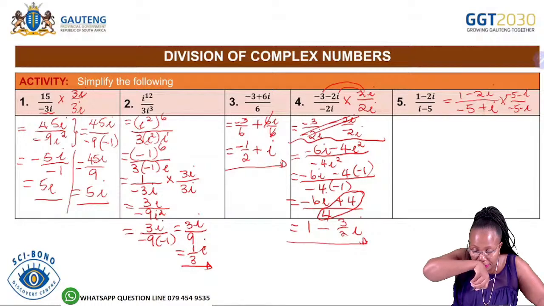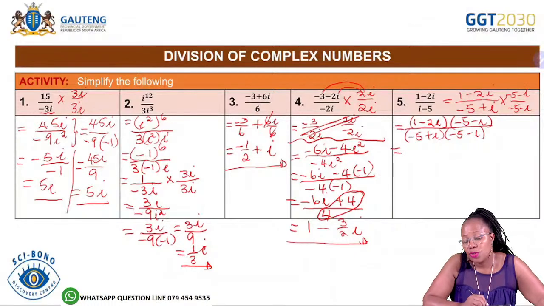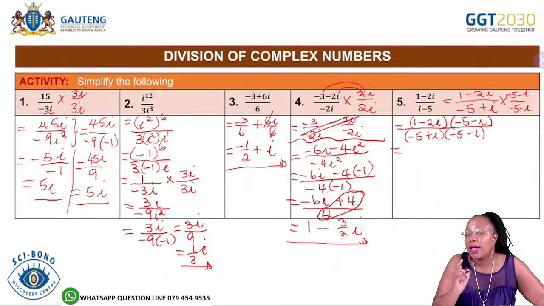Okay, then let's multiply. We have bracket 1 minus 2i into bracket minus 5 minus i, all over bracket minus 5 plus i into bracket minus 5 minus i. Look at the denominator. You see the conjugate? That means if you multiply two conjugates, the answer will be a real number.